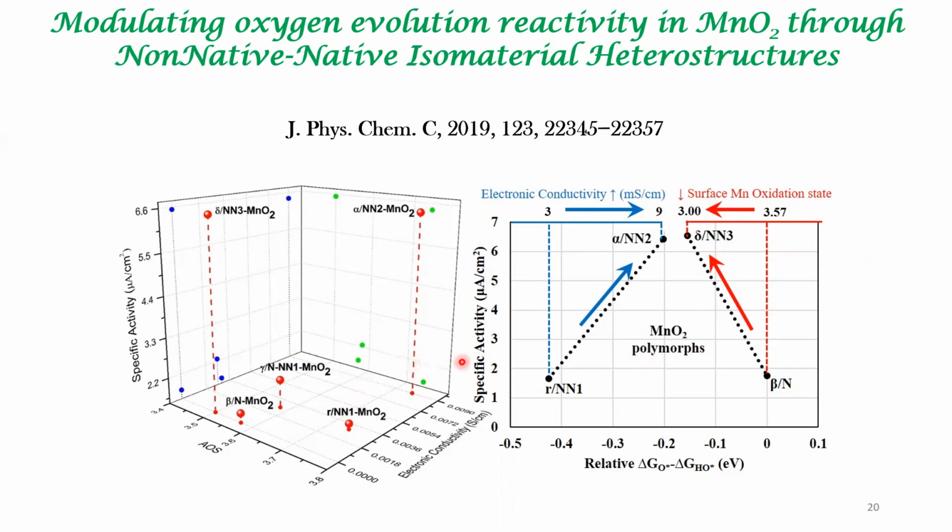And we were able to rationalize why a particular structure is the optimal oxygen evolution electrocatalyst. Again, the optimal structure can be rationalized using the properties of different non-native structures and native structure.